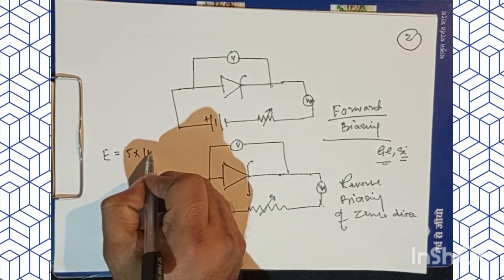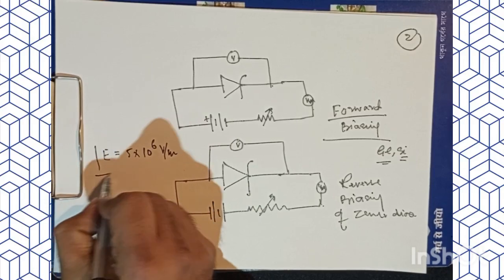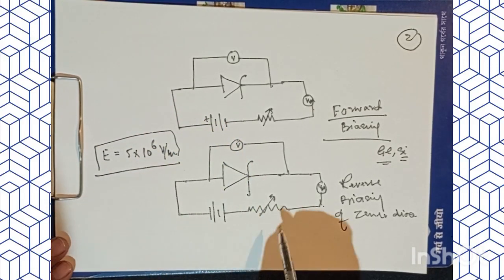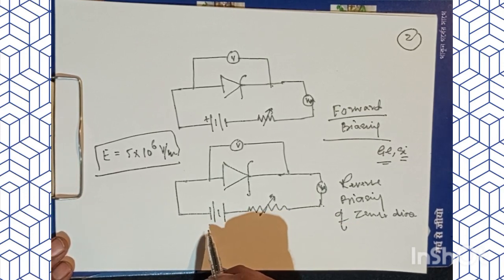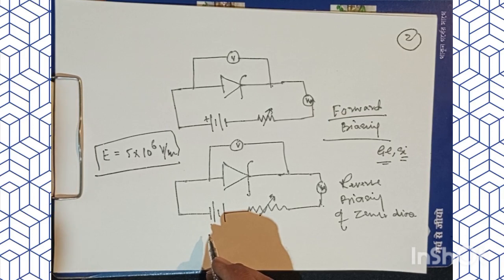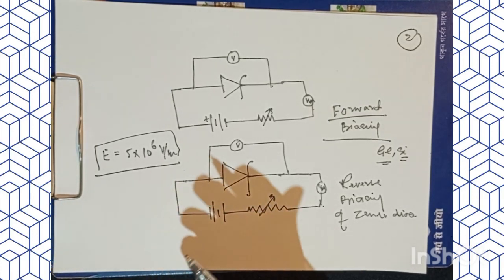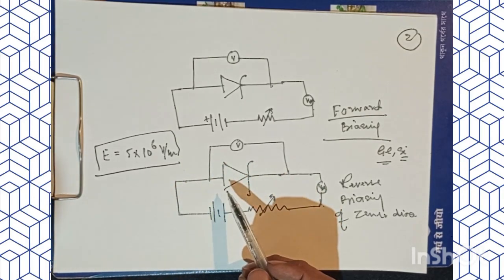So this much of electric field. By having a small change in the reverse voltage in the case of a zener diode, we are able to have the maximum current. So a large current can flow through this zener diode.